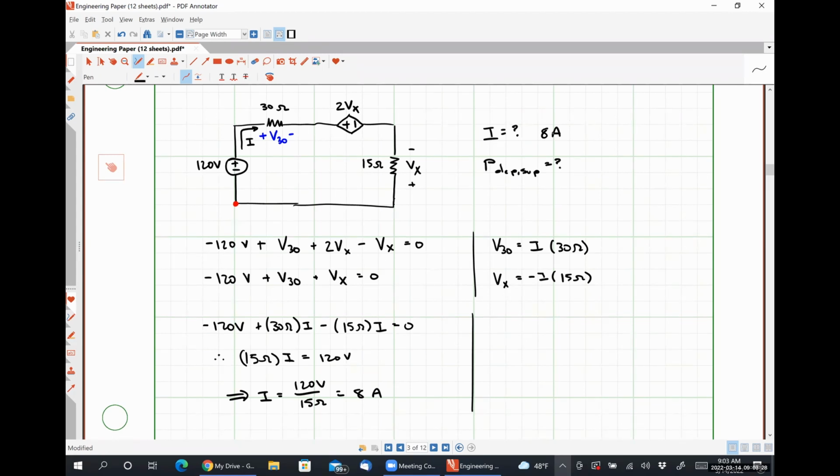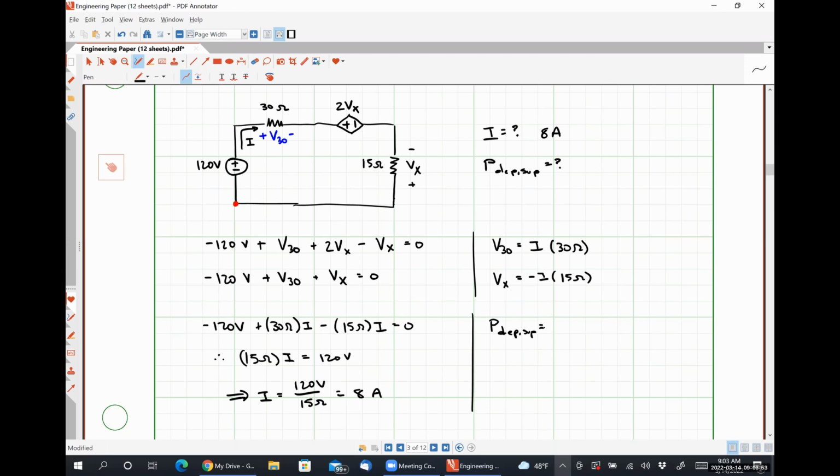Hannah, how do we figure out the answer to our second question? So we're trying to find the power supplied by our dependent source, right? So for a source, we're always going to need to know two quantities.